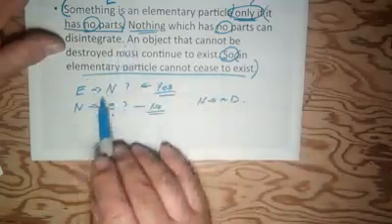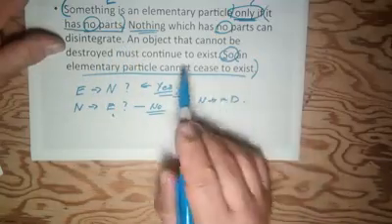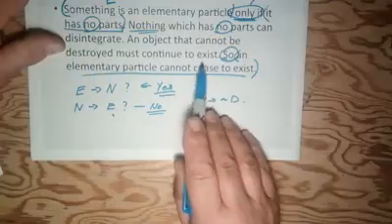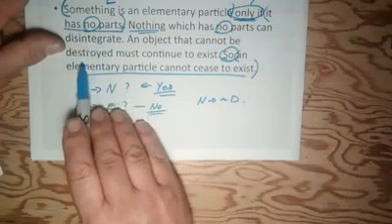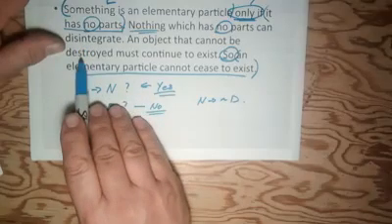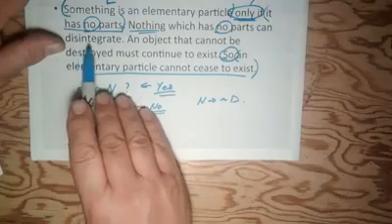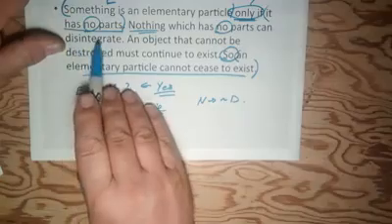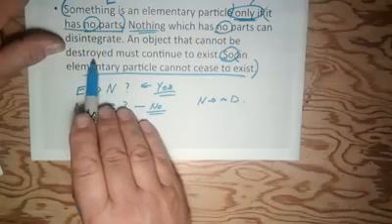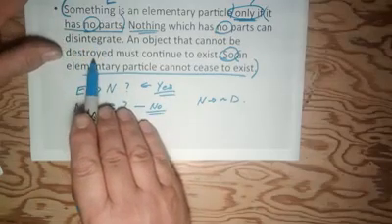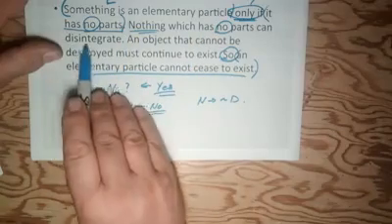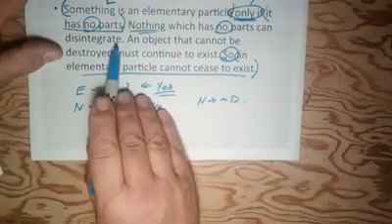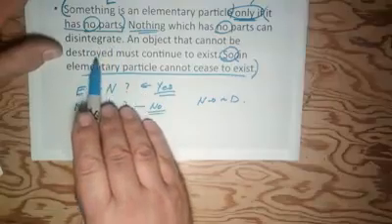So, an object that cannot disintegrate must continue to exist. Yeah, that works, right? If you want to be sure it can work to treat them as the same, then you take one word and substitute it in the second place and see if it still makes sense. And nothing which has no parts can be destroyed. Yeah, okay, so it's going to work.